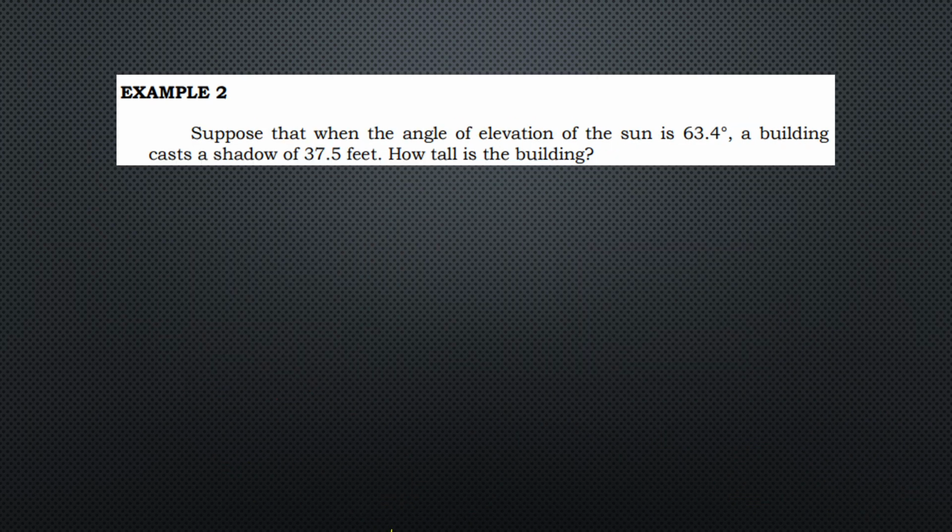Another example. Suppose that when the angle of elevation of the sun is 63.4 degrees, a building casts a shadow of 37.5 feet. How tall is the building? So again, you have to be imaginative in this case because not all problems will give you the direct illustration.